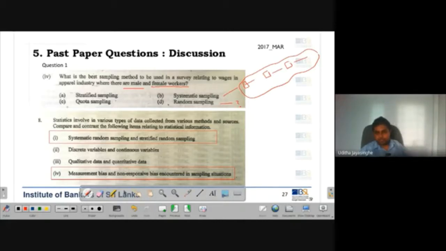So a good answer for this question will be answer A, stratified sampling for this particular survey. Why? Apparel industry, that means it is defined, it is going to be a probabilistic method, obviously much better than a non-probabilistic method. And since there are male and female workers, giving you an implication of a stratification or a group, the stratified sampling is going to be a better methodology.